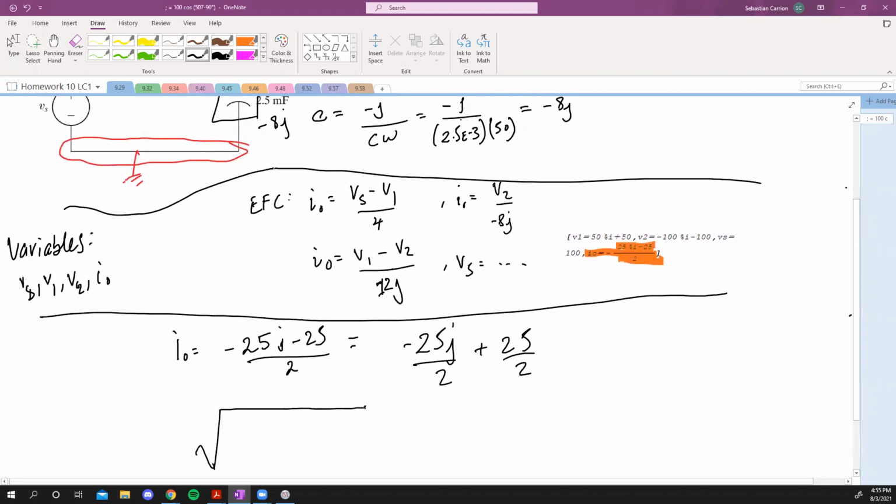We do this, and this is going to result in the square root of 25 squared plus 25 squared, over 2, which is 17.677, or 17.68.